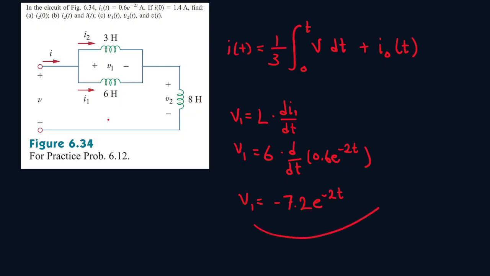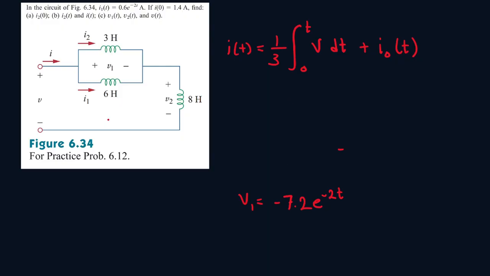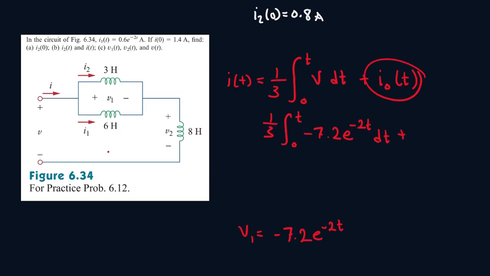Okay? And we plug that value into here. So it will be 1 over 3, the integral from 0 to t of minus 7.2 e to the power of minus 2t dt.